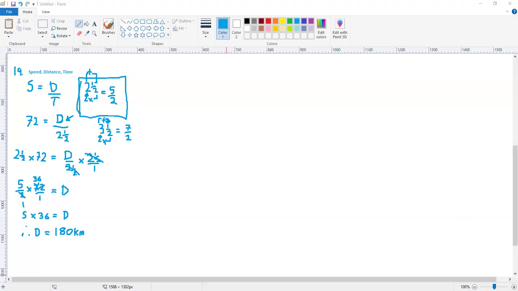How about perimeter? Perimeter for what shape? All shapes, or maybe only squares and rectangles? I'm not really sure. Which ones have you done in class?